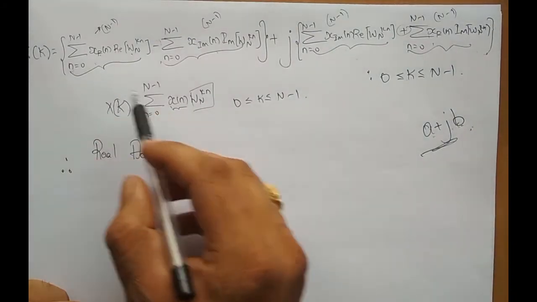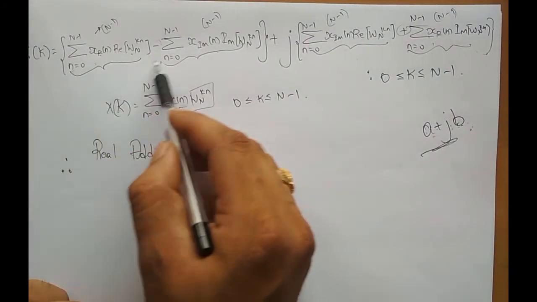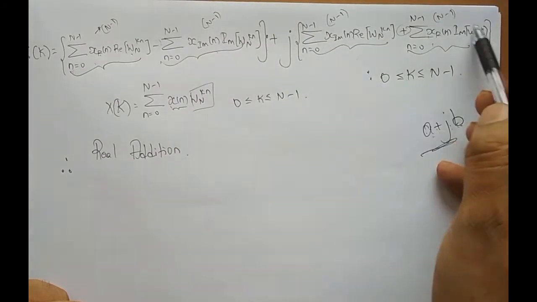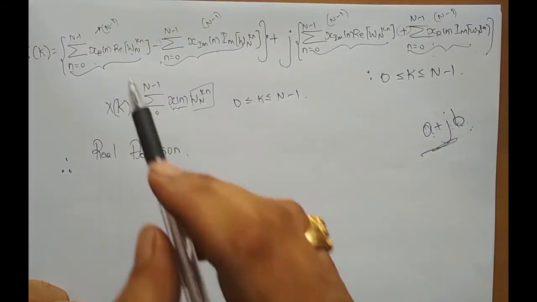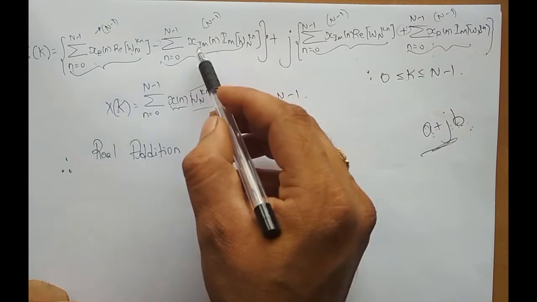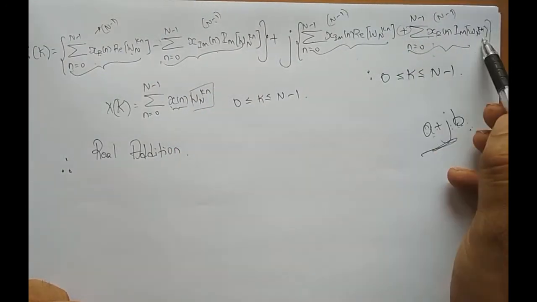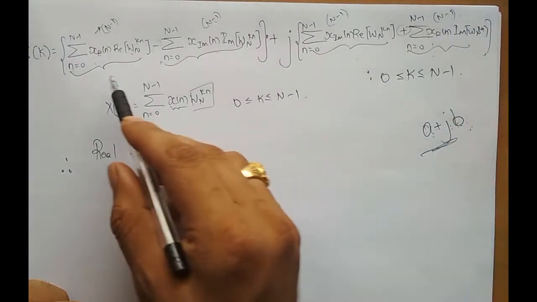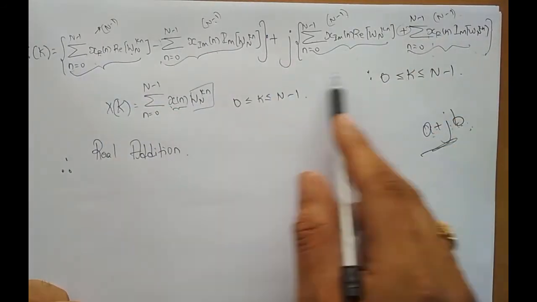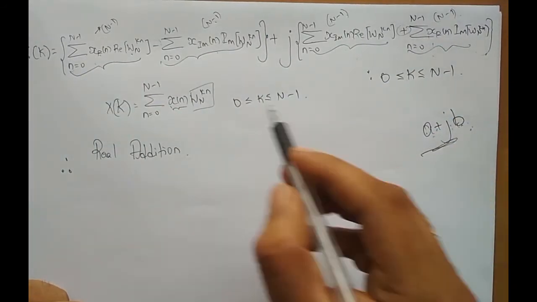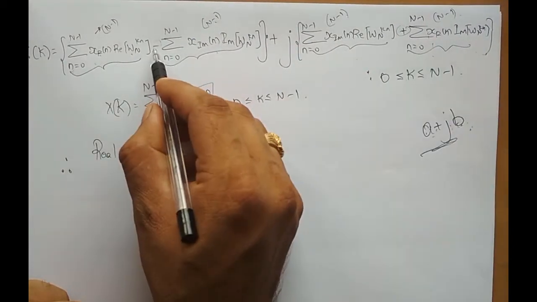So ultimately I'm putting it in a plus jb form. This requires n minus 1 additions, this term requires n minus 1 additions, this requires n minus 1 additions, this requires n minus 1 additions. So to combine this entire thing in a plus jb form, another two additions are required.